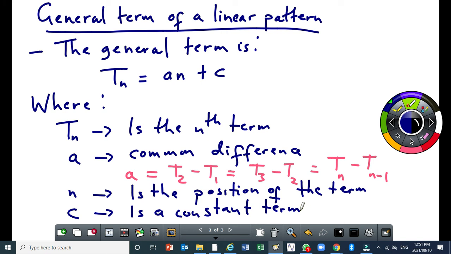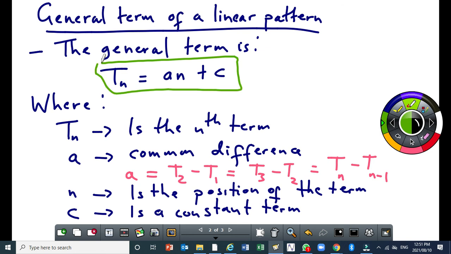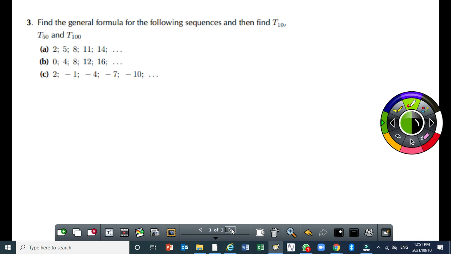But generally, when you're using this formula, you have to be given the sequence. So you have to calculate the common difference first. Right? So let me move on to an example. It's not very difficult, it's very easy. It's one of the easiest topics in grade 10. So you shouldn't have any major problems there.